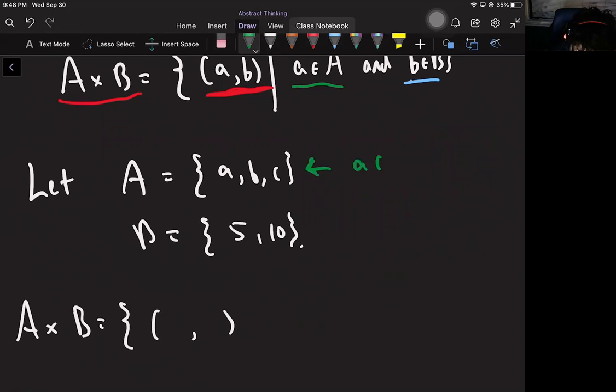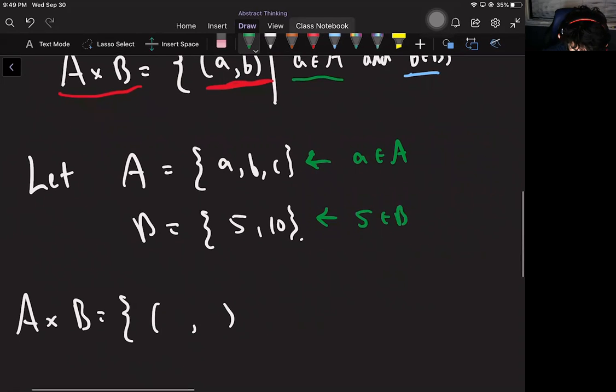Well, a is in A. And what's something in B? 5 is in B. So since a is in A and 5 is in B, (a, 5) is something in A cross B.